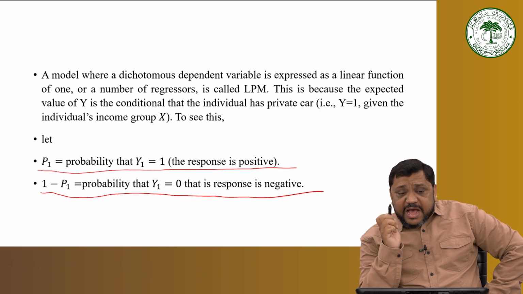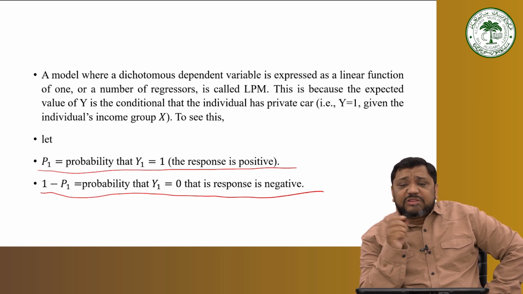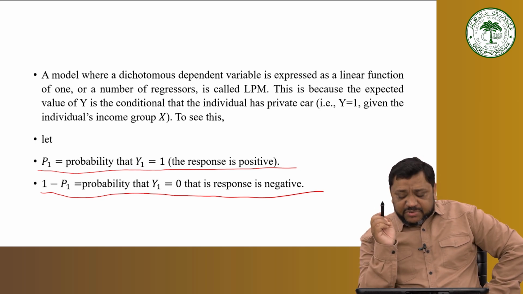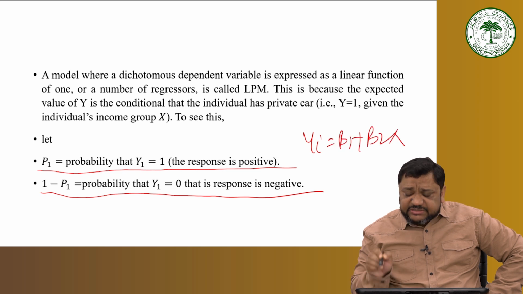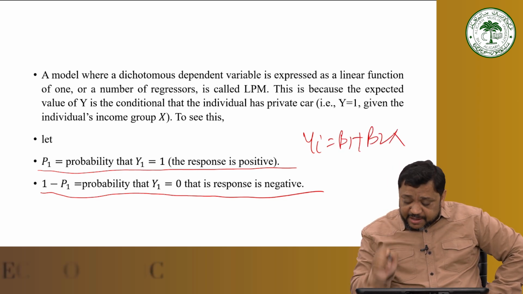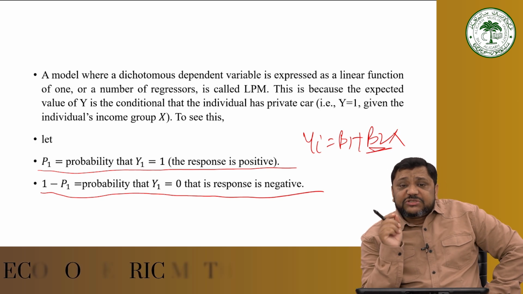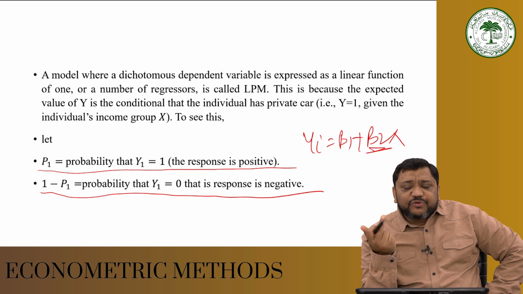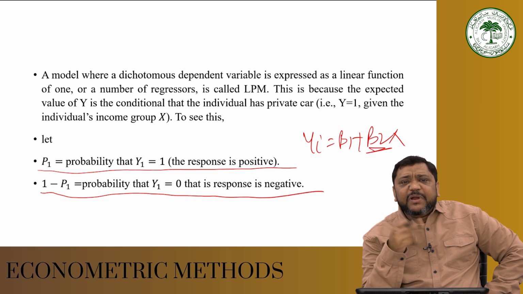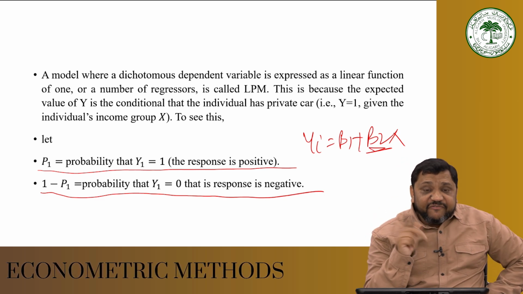And the slope parameter here, that is beta 2, shows the impact of a unit change in the individual's income on the probability of the individual having a car.